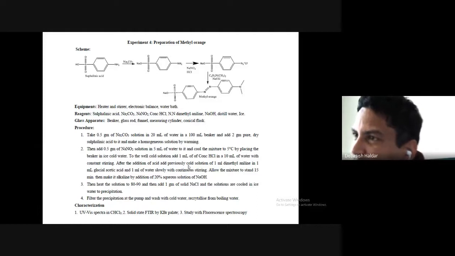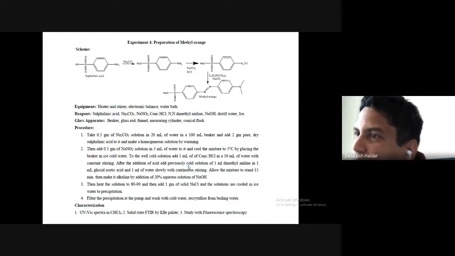First we'll synthesize the diazonium salt, and then we'll couple the diazonium salt with N,N-dimethylaniline to prepare that methyl orange. The synthesis is very easy, but there are very crucial steps, as this is a diazotization reaction, as you know.